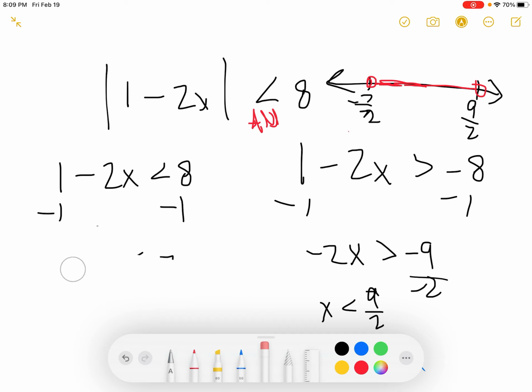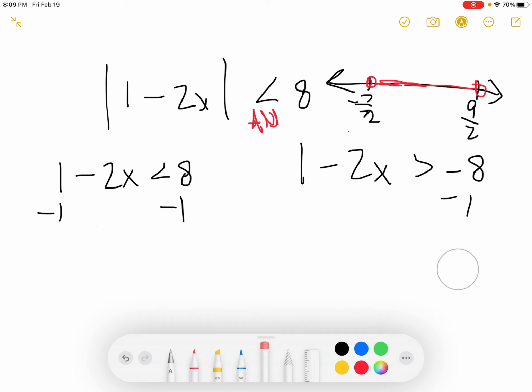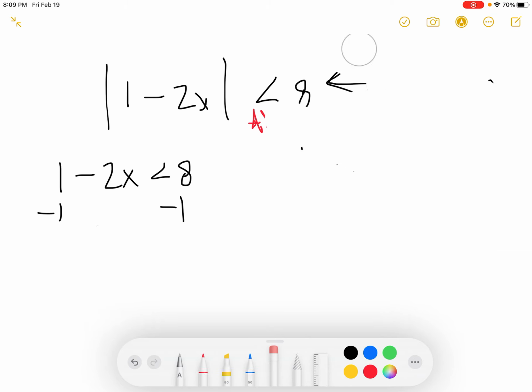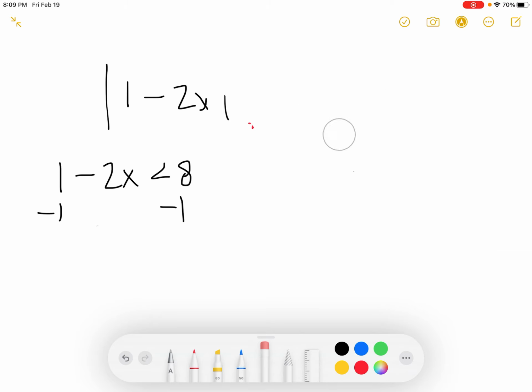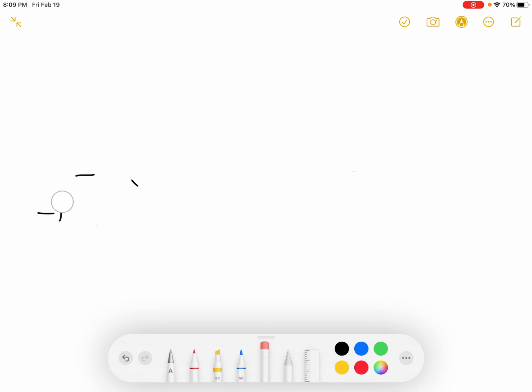In a case where it was "or," it would be different, and there would be two different lines you would draw on the number line. So let's look at an example of that. Let's say now we have the absolute value of 1 minus 2x is greater than 8.